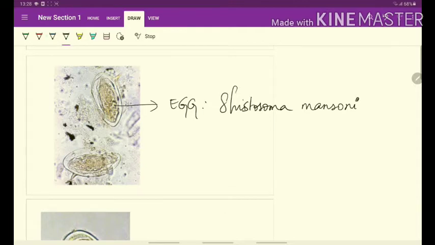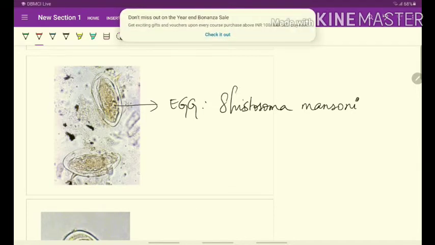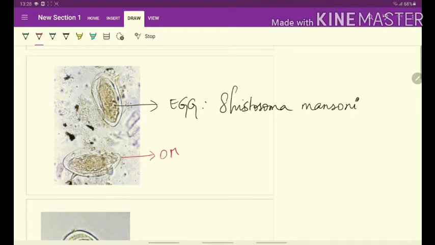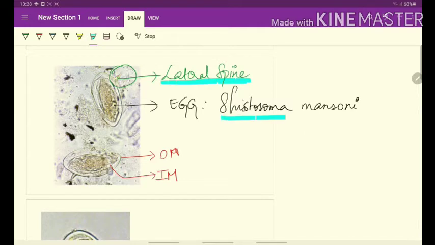So the same as in Schistosoma haematobium, it has an outer membrane and an inner membrane, and there is a characteristic lateral spine present. Schistosoma haematobium had a terminal spine, whereas the Schistosoma mansoni has a lateral spine.